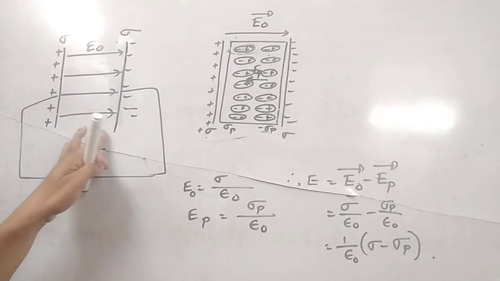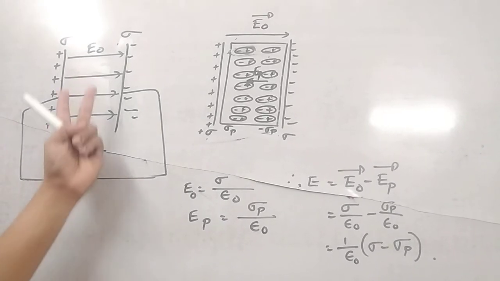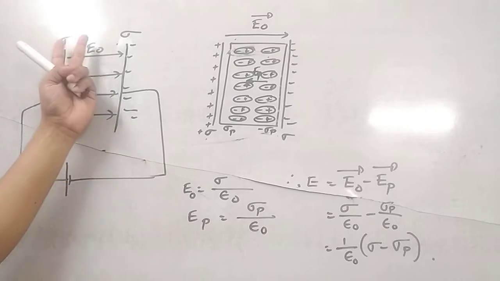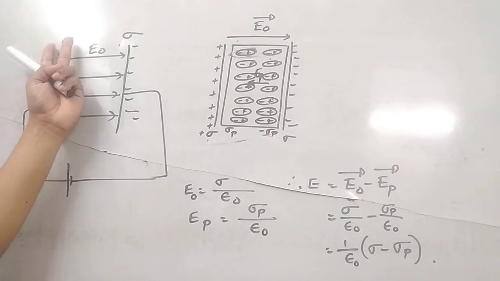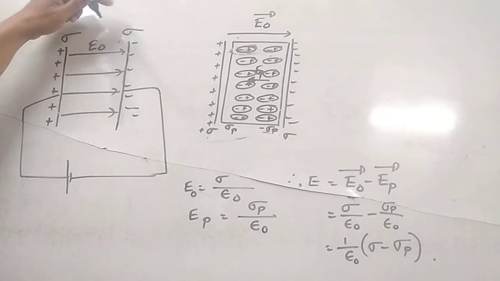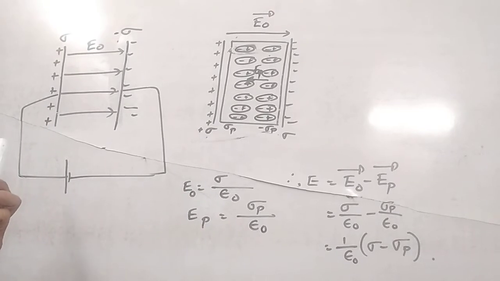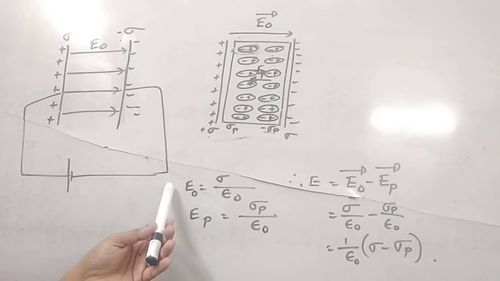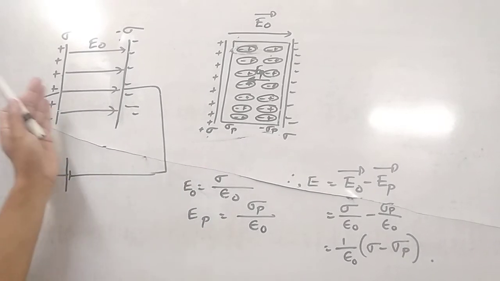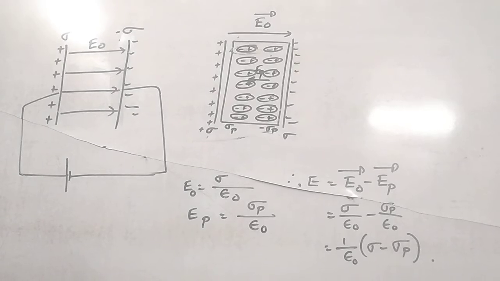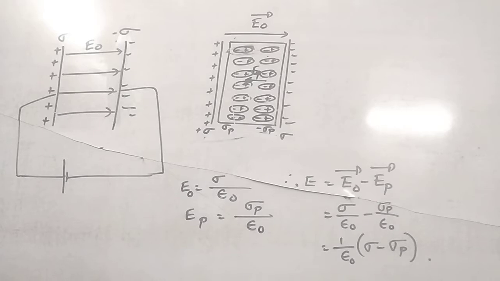So the electric field, when there is no dielectric between them, is E0. Suppose sigma is the charge density here, and here it is minus sigma. So the value of E0 is equal to sigma by epsilon naught when no dielectric is present. Now when you place a dielectric inside it, what will happen?